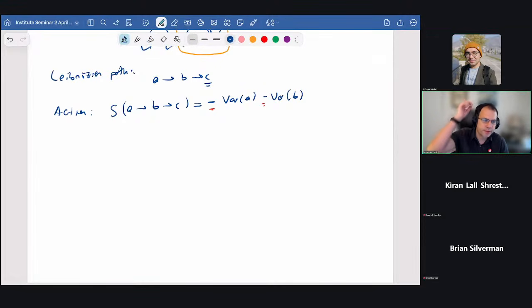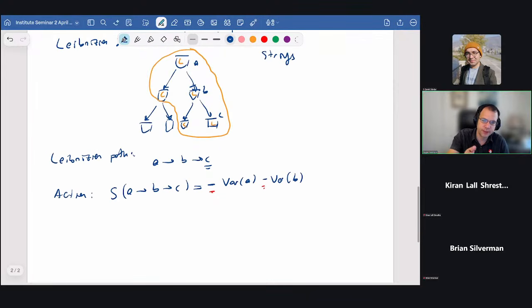So if there was a path A, B, C, D, then you would leave out the last one. Yes, that's right. And these multi-way systems, a priori, we could be dealing with any sort of string.